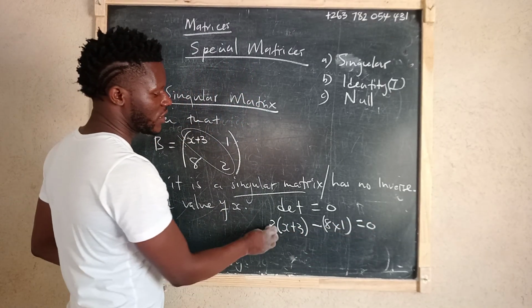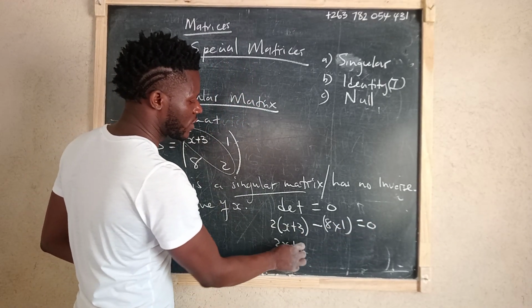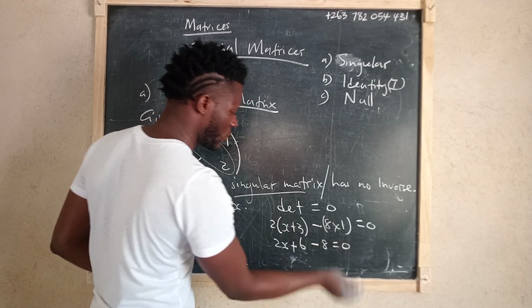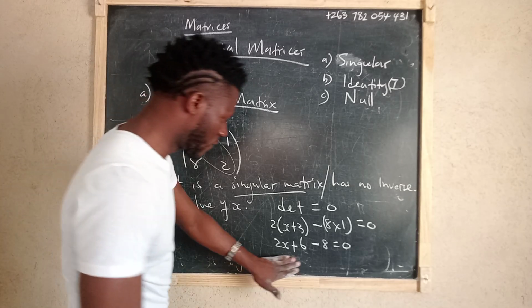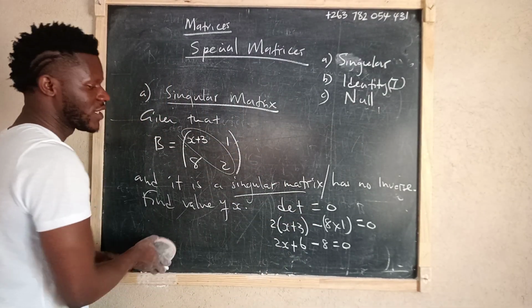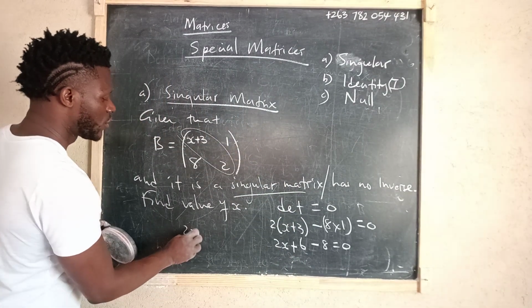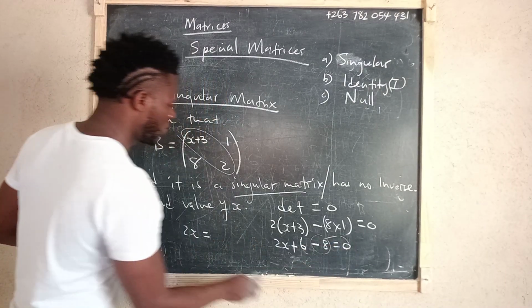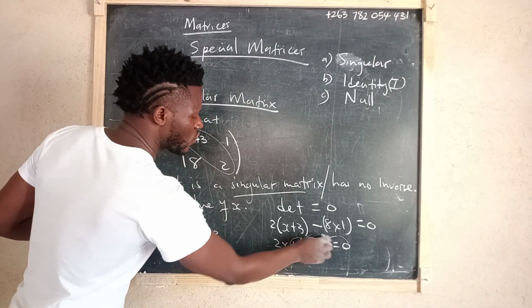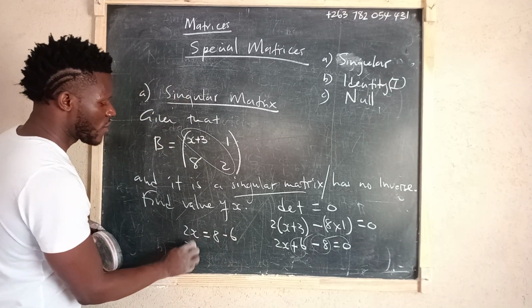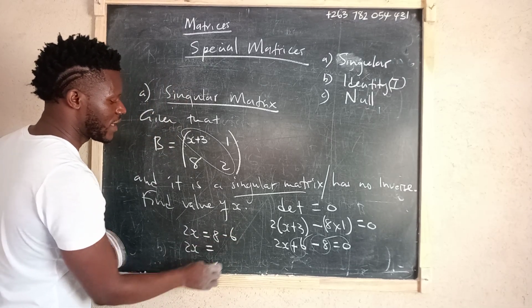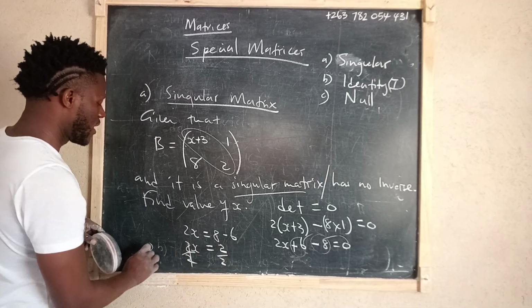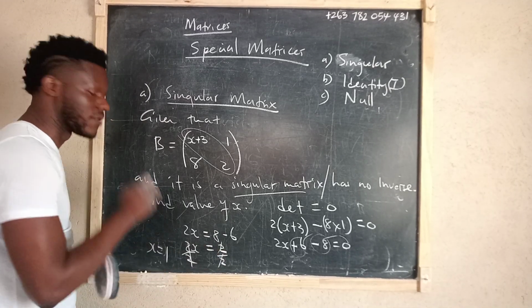Then you solve the equation. 2 times x, 2x, 2 times 3, 6, minus 8 equals 0. 2x equals, if you move the 8, it becomes positive 8, and 6 becomes negative 6. So now 2x is 8 minus 6, 2. You divide by 2 both sides, and x is 1.